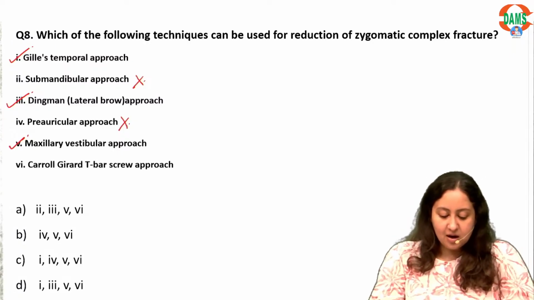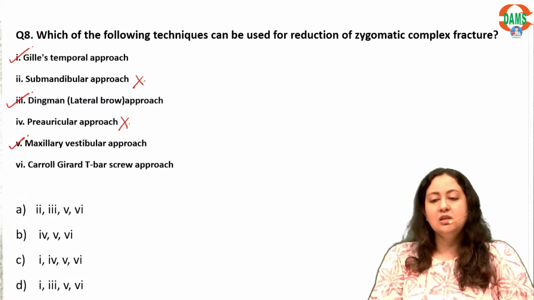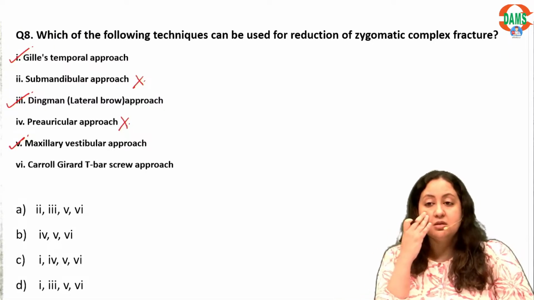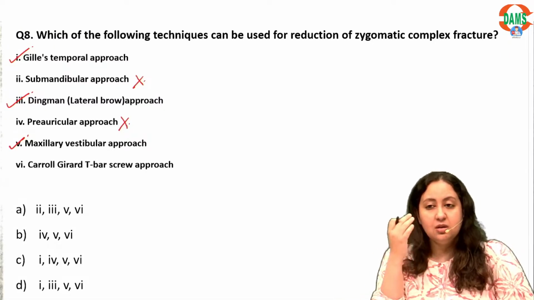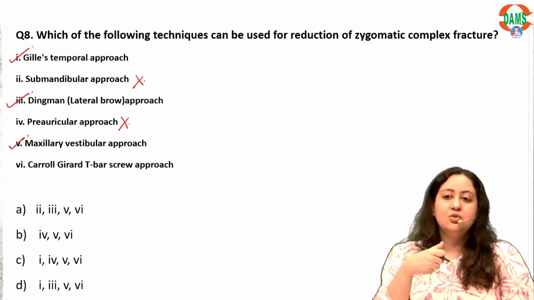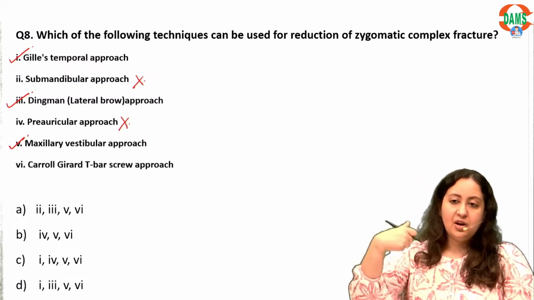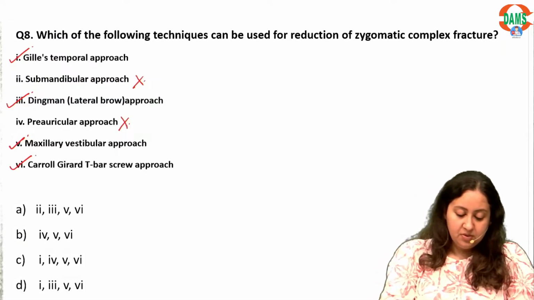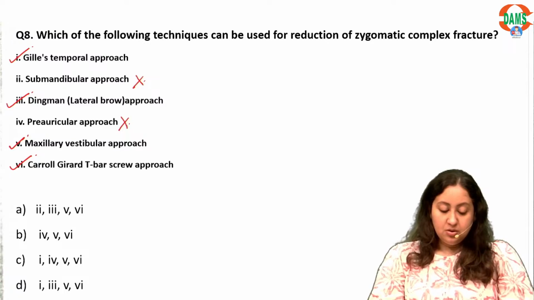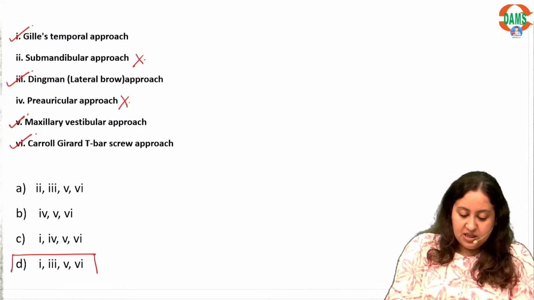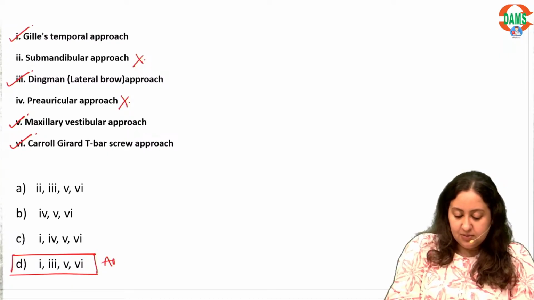And Carrel-Gerard screw is used to, if there is a depressed zygoma fracture, the Carrel-Gerard screw is engaged into the zygoma bone, and it is used to reduce or lift out or restore the contour of the zygoma bone. Alright. So option D is your correct answer.